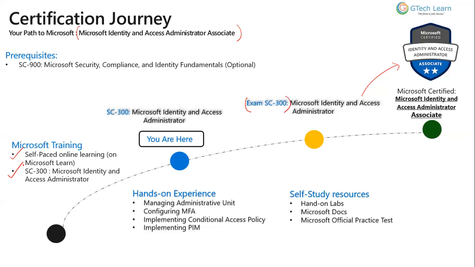In this course, we are majorly focusing on how we secure our identities in the cloud environment, as well as if we have our identities present on premises, how we secure those identities, as well as if we are going with a hybrid setup where we are synchronizing our on premises identities with Microsoft Azure Active Directory, then what are the different configuration and security related options which we have.